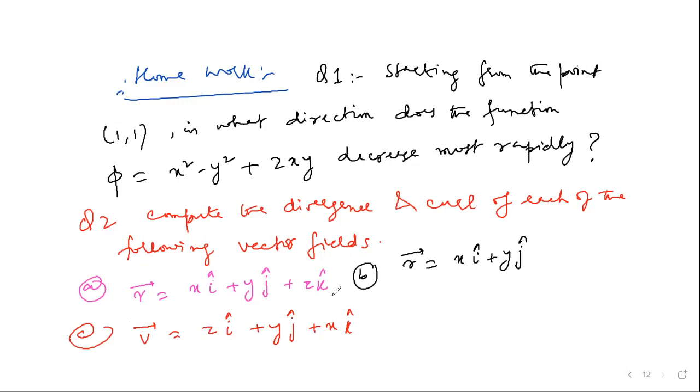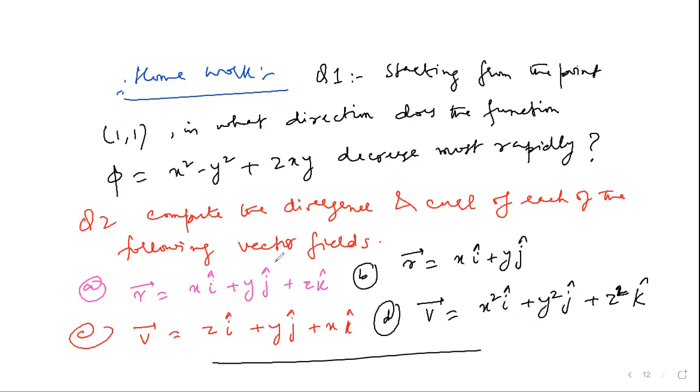Then part D, V equal to x square i cap plus y square j cap plus z square k cap. This square here.